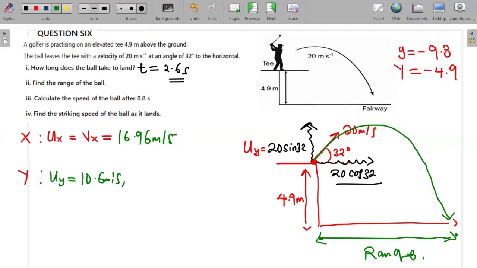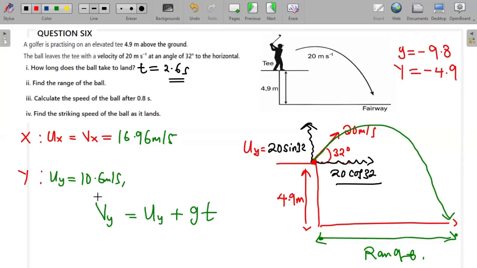To find it, we use this formula: Vy equals Uy plus GT, just like the one we used on the previous question.